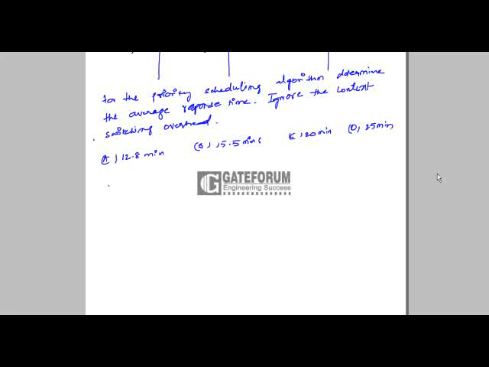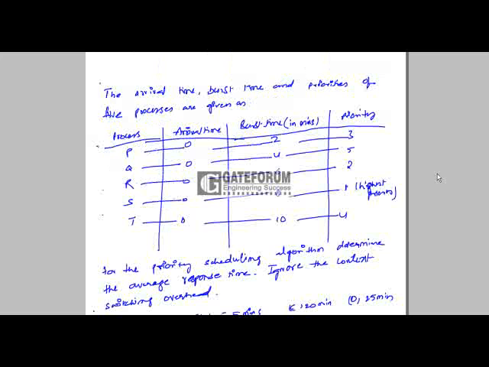As we are using the priority scheduling algorithm, the process with the highest priority is allowed to take the processor first. The priority of process S is highest, 1.